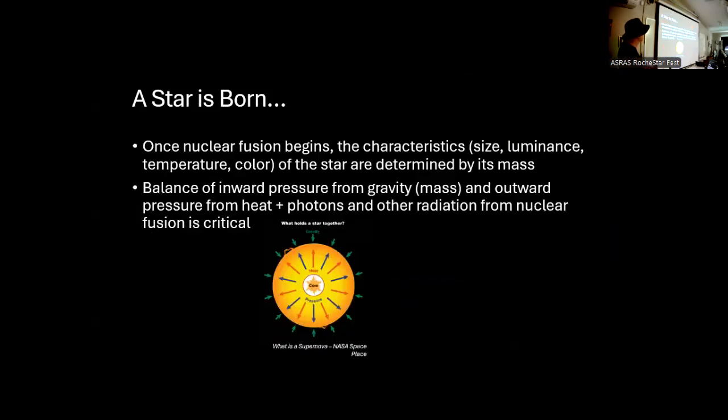All right, so once the star is born, once nuclear fusion begins, the size, luminance, temperature, and color of the star are all determined by its mass. And a critical feature that we'll run through all of this talk is that there has to be a balance between the inward pressure from gravity on the star and the outward pressure from heat and photons and other radiation that are emanating from the star, and that the star maintains its integrity through a balance of these.